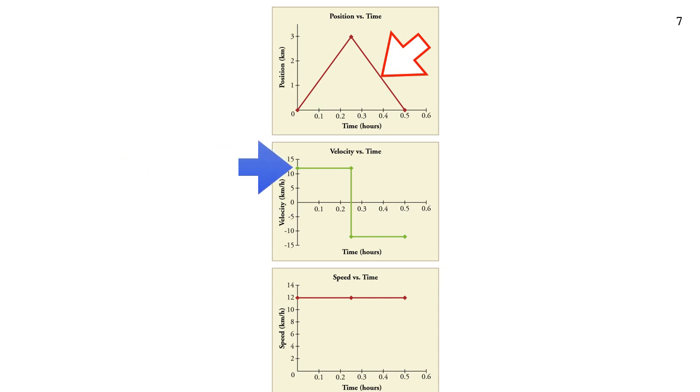Now, this middle graph here, this one's actually the most important one. This is a velocity graph, velocity versus time. And this is for the same motion. The slope in the upper graph, position, is positive, and that means this green line segment here, until it turns around anyways, is up in the positive upper half of the graph.